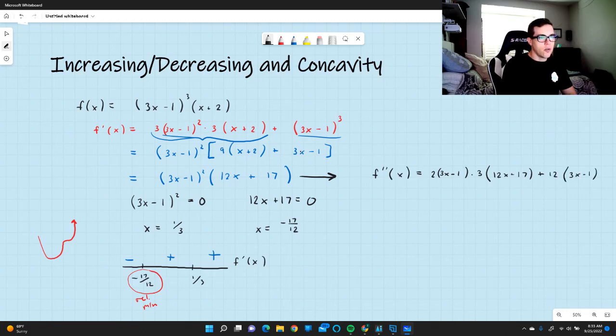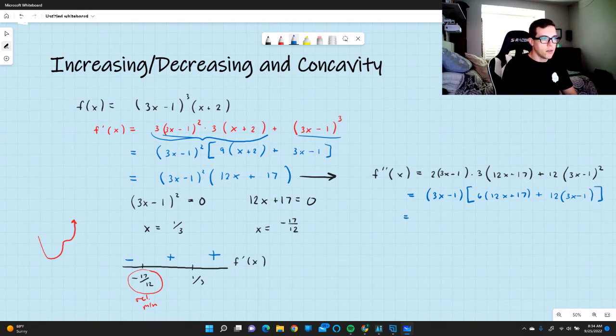And we can do the trick one more time where I factor out what's in common. There is a 3x minus 1 in common again, which I'm going to take that out. I'm going to leave over the 2 times 3, which is 6 times 12x plus 17, plus I have a 12 times a 3x minus 1.